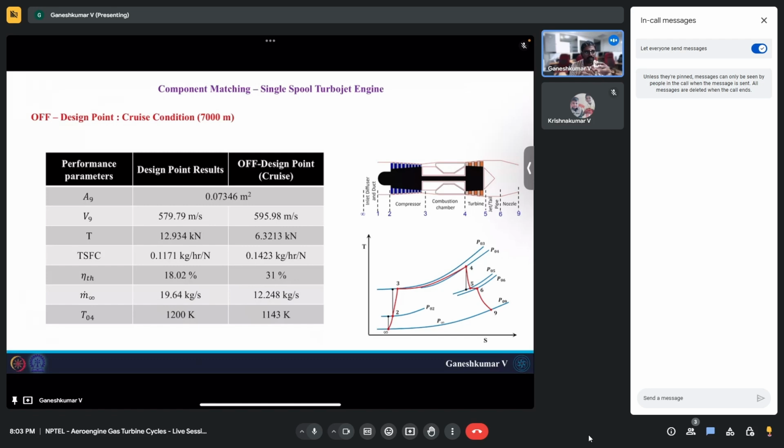So once you install it, you should identify what are all the expressions that are going to be necessary in order to do this component matching analysis. The expressions are so simple. You need to do mass and energy conservation for all the engine components, and the momentum conservation for engine plus aircraft.